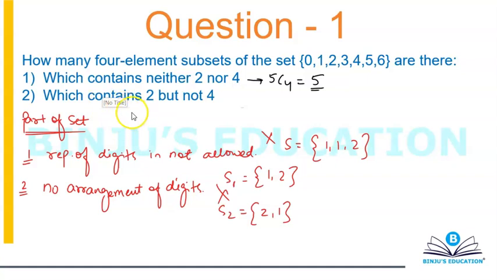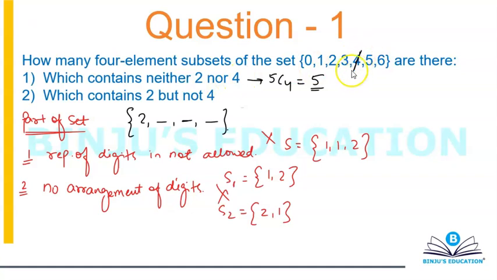So if you have a set, it will be something like this: 2 followed by 3 dashes. 2 is part of the subset. So you are supposed to fill in only 3 positions and ensuring that 4 is not part of it.